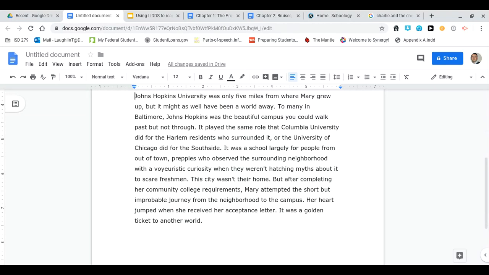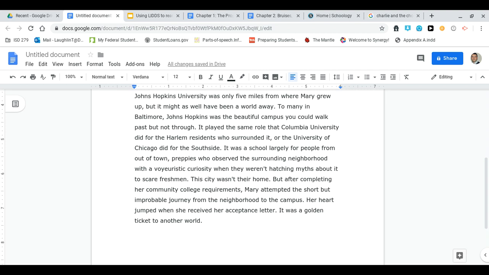This is a passage in chapter 1 about Mary. I picked it particularly because it's about Mary's education, and we're going to find out why education is so important to her by the end of the paragraph. When we read, we want to pay attention for the LIDDS: irony, personification, and foreshadowing. But here is an example of detail.